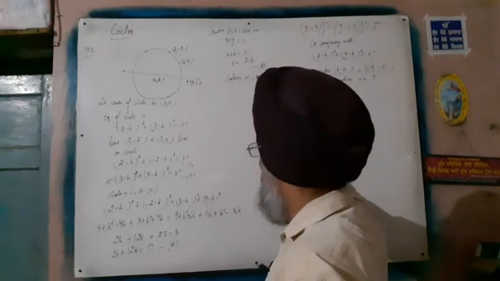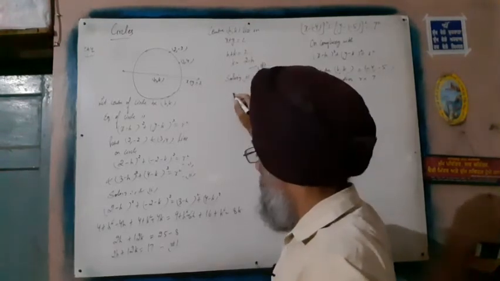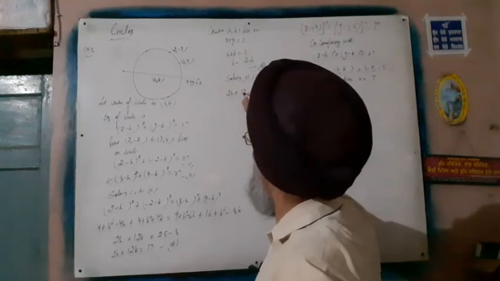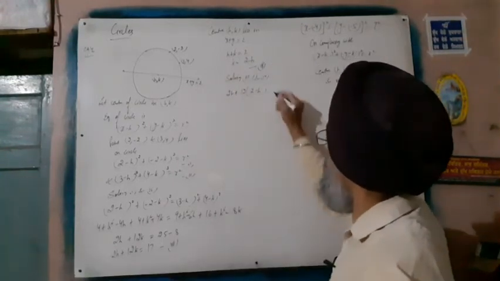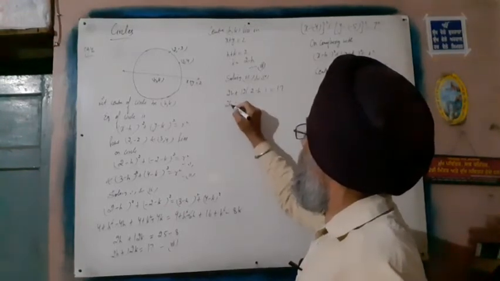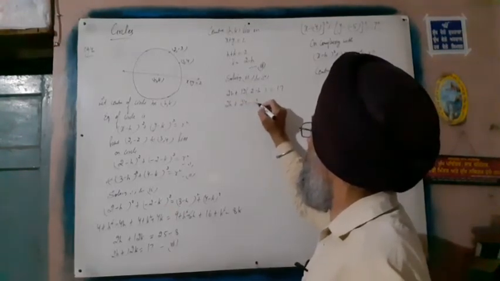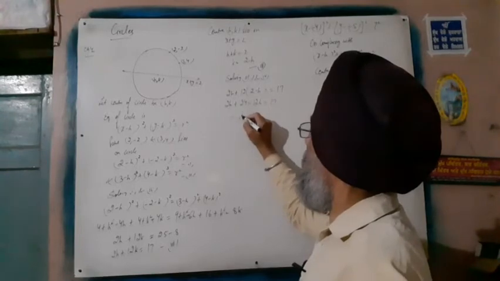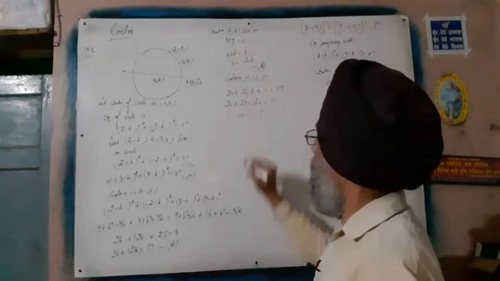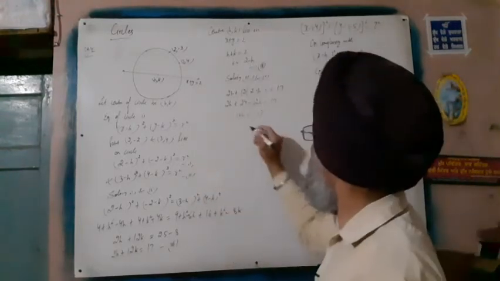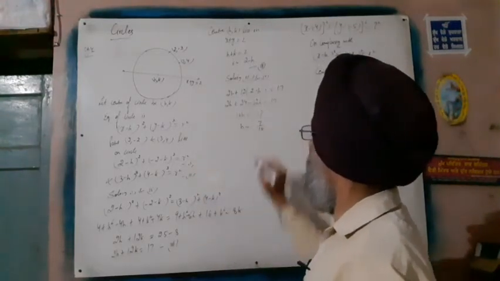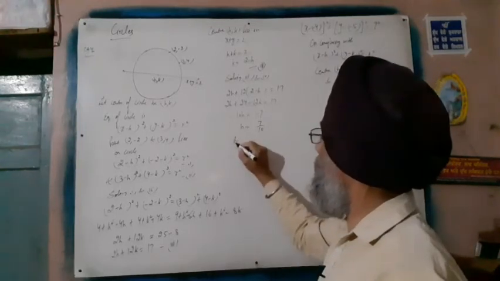Solving third and fourth, 2h plus 12 times of 2 minus h on substituting the value of k in equation 3 is equal to 17, 2h plus 24 minus 12h, minus 10h is minus 7. So h comes here 7 upon 10.